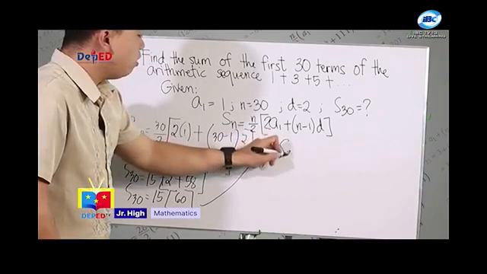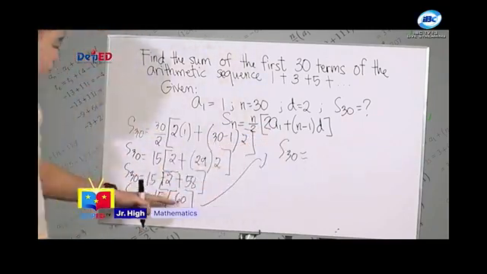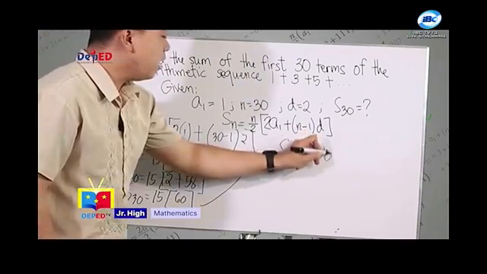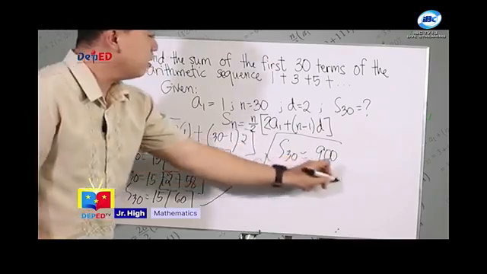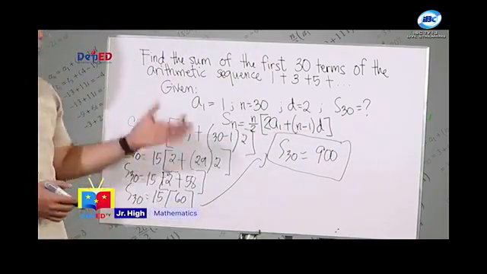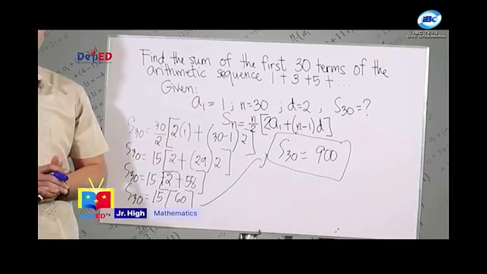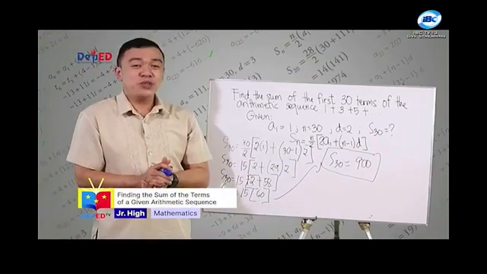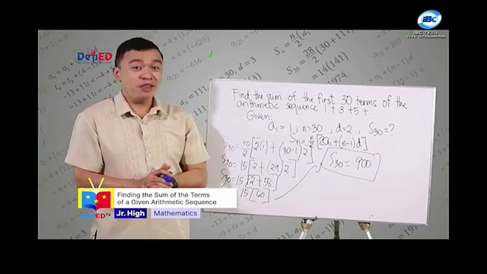Our S sub 30, therefore, is the product of 60 and 15. We will get 900. Thus, the sum of the first 30 terms of the sequence is equal to 900. Excellent! Let's boost up your learning with another example.